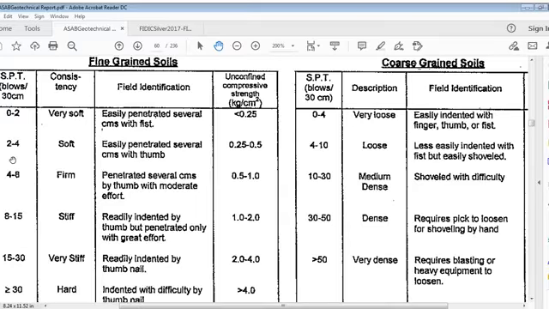Now if there are 2 to 4 blows, such soil is soft, easily penetrated several centimeters with thumb. The previous class was fist. Fist means this, and thumb means a concentrated push. This is 0.25 to 0.5.